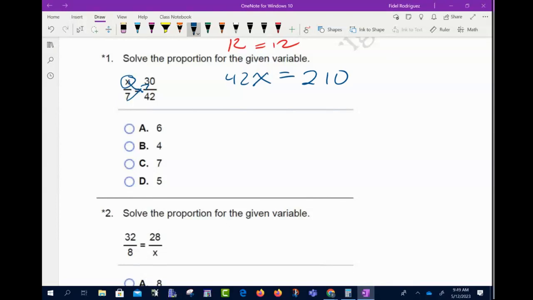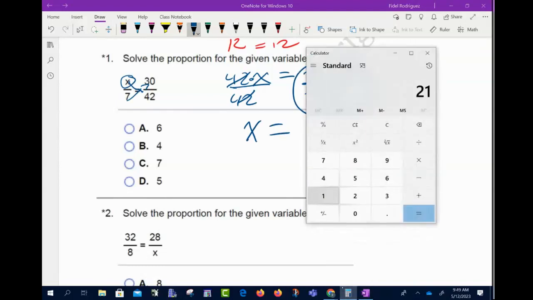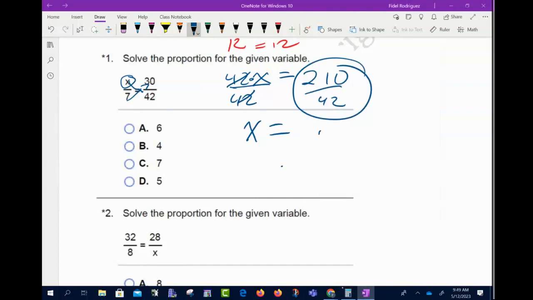Now, if I want to find that number, y'all, the way I'm going to get rid of my 42, since it's being multiplied, I'm going to do the opposite, which is to divide. I'm going to divide everything here by 42. Okay. So I'm going to take 210 and divide it by 42, and we should be coming up with 5, and there's my answer.